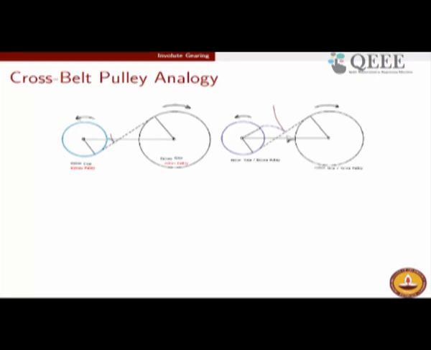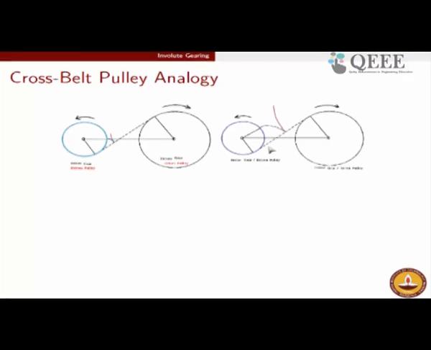The cross belt is the common normal. The point of contact always is basically that pencil. The point of contact associated with these two profiles is basically the pencil which you had attached and which is generating these two curves. So, the point of contact is moving on this line of the belt. So, basically that belt is the common normal associated with these two pulleys.